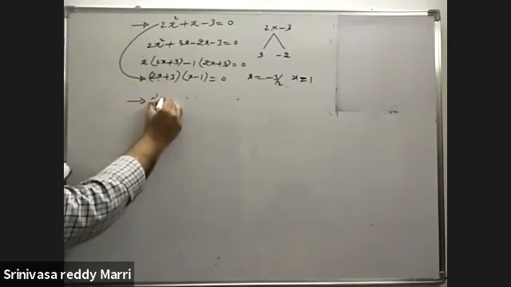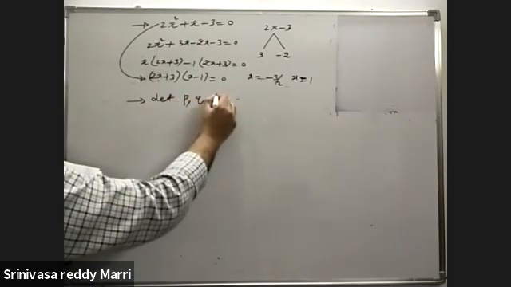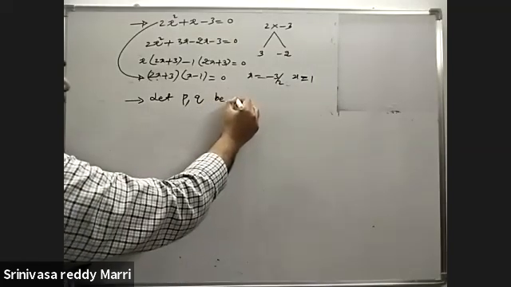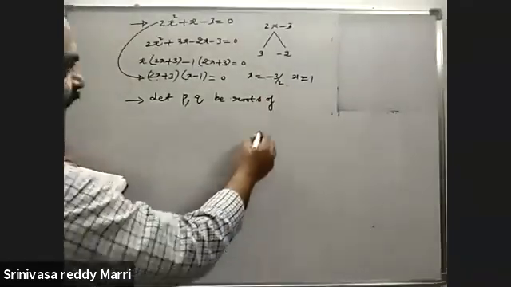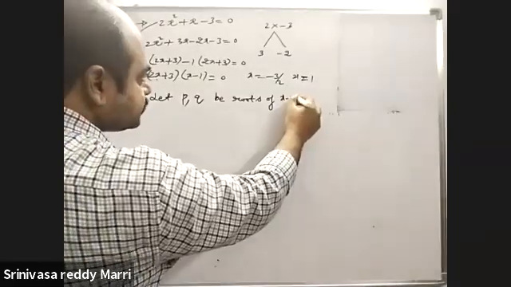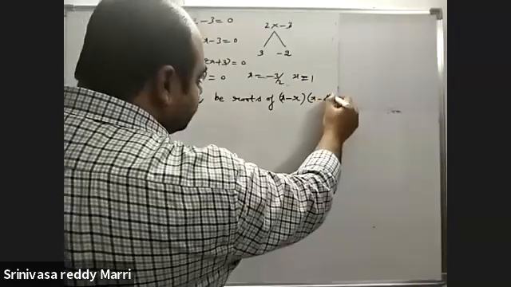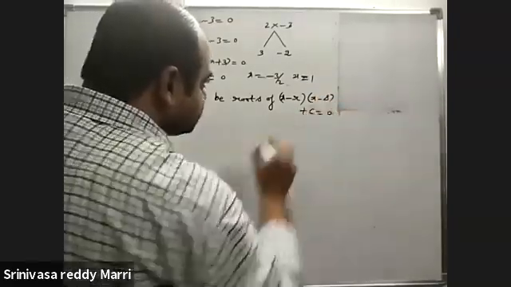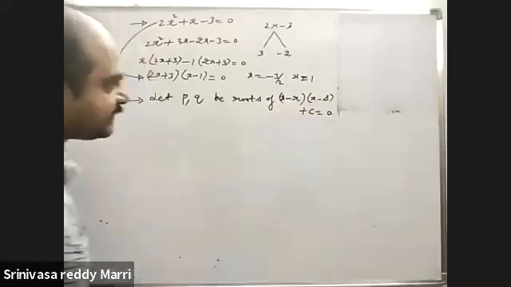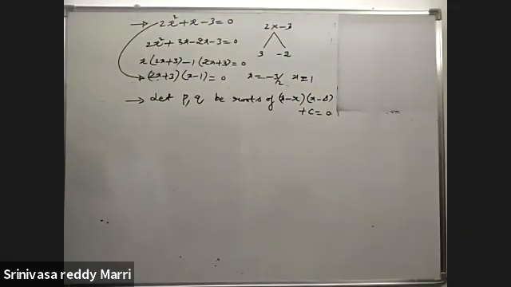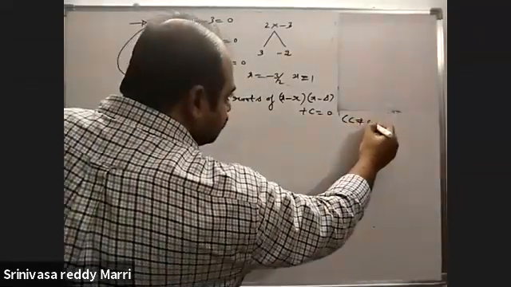Let p, q be roots of one equation given: x minus r into x minus s plus c equal to 0, given that c not equal to 0.